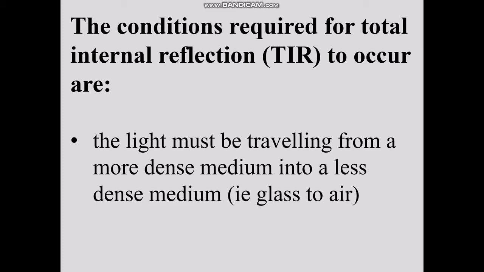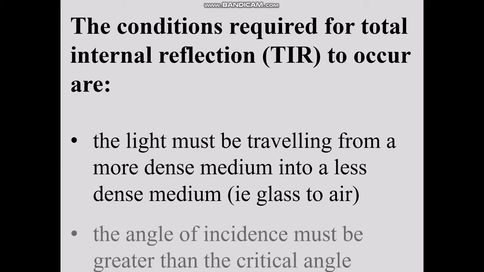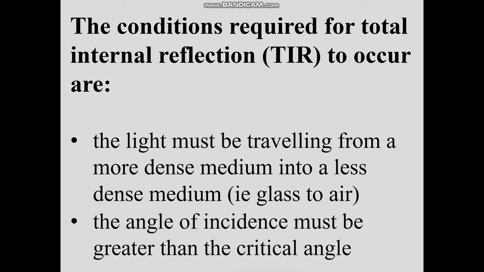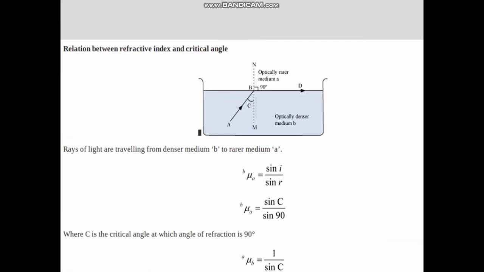It can be any medium. Here I have written glass to air. It can be any denser medium to rarer medium, but the light has to travel from denser to rarer medium only. The angle of incidence should be greater than the critical angle for the phenomenon of total internal reflection to occur.